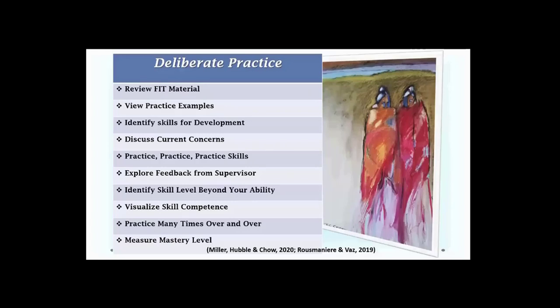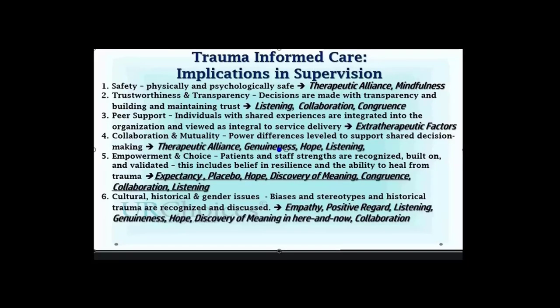In the ensuing discussion, the supervisor will work with the supervisee to visualize the competency and mastery level that will be attained during the iteration of deliberate practice. At that point, in the 3 stretch goals that are listed, the supervisee will move to the next goal area and practice the skill listed. The mastery level attained by the supervisee will be reflected in the ORS and SRS feedback from the client.